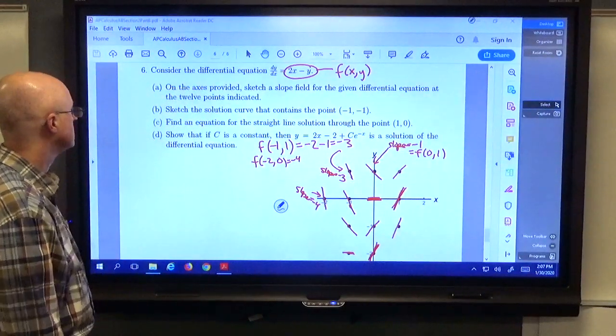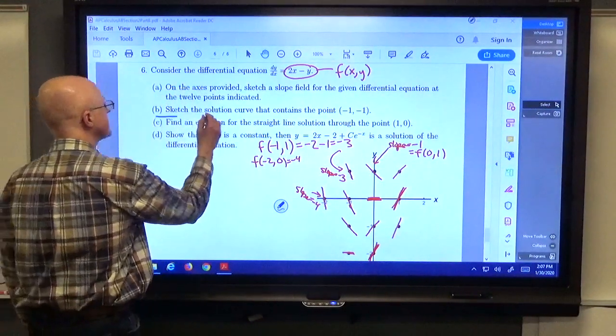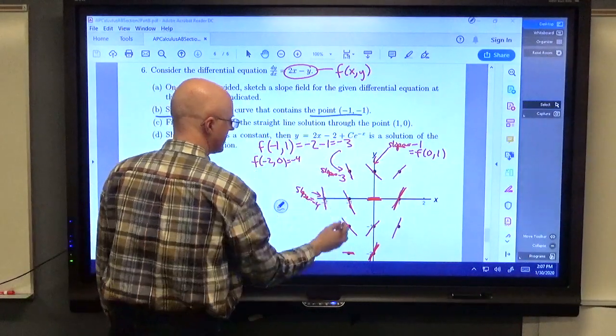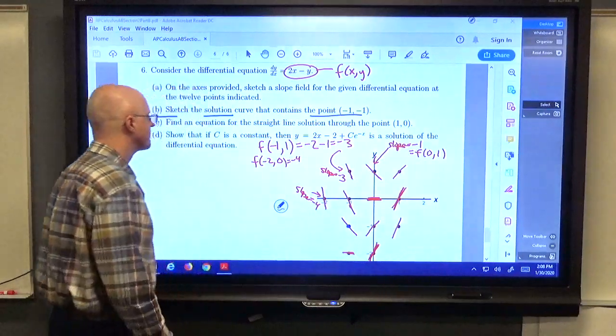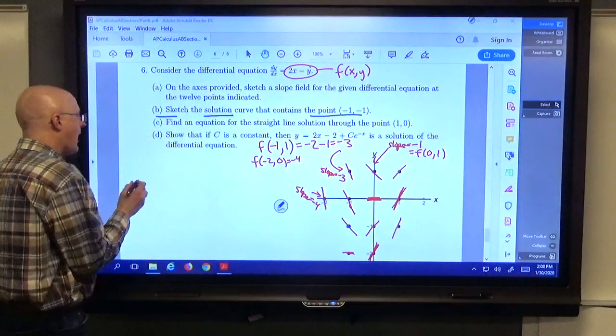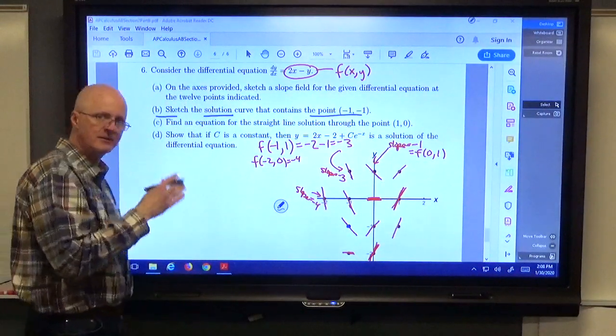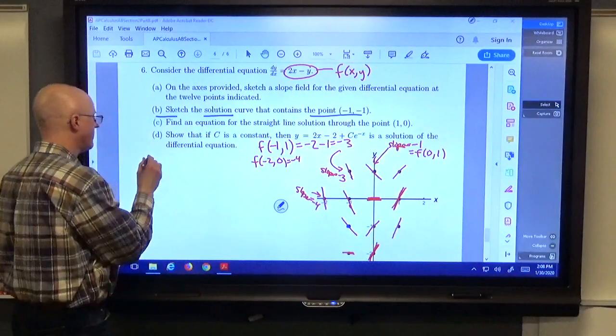Make it reasonable. Part B, sketch the solution curve that contains the point (-1, -1), right there. How? You have to follow the slope field. What does that mean and why?